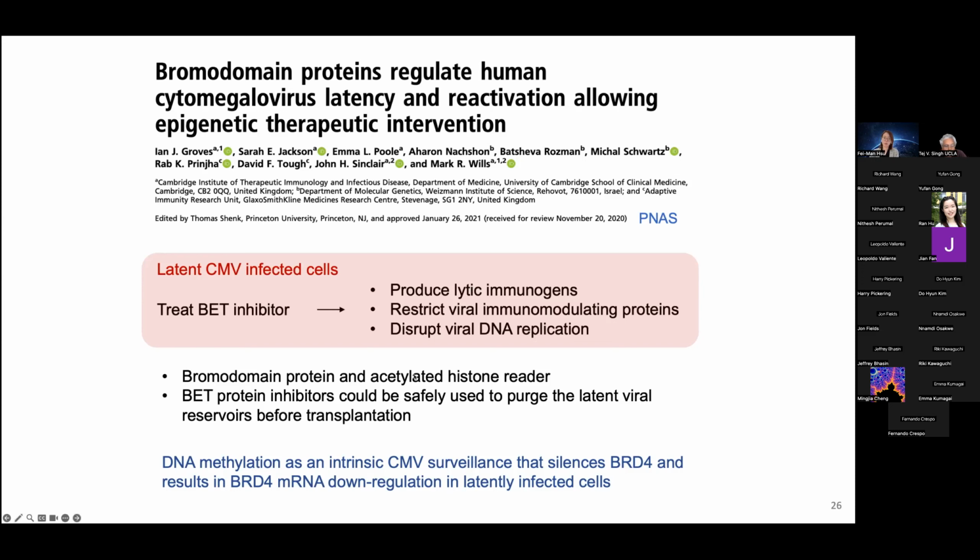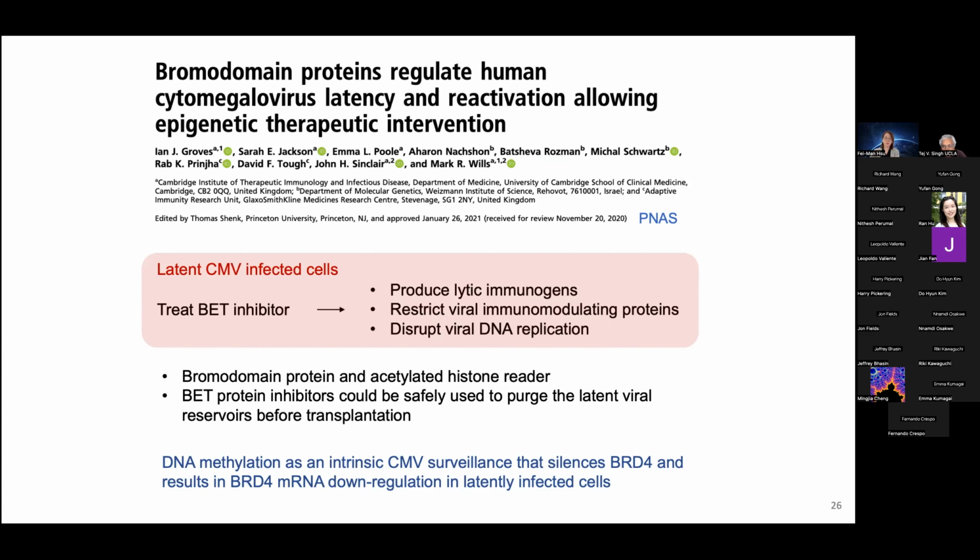However, they won't be able to reproduce their DNA, and their viral proteins like the capsid to form virus particles are restricted, which means they signal to the host system, oh, this cell is infected by CMV, but actually they are not causing any damage.